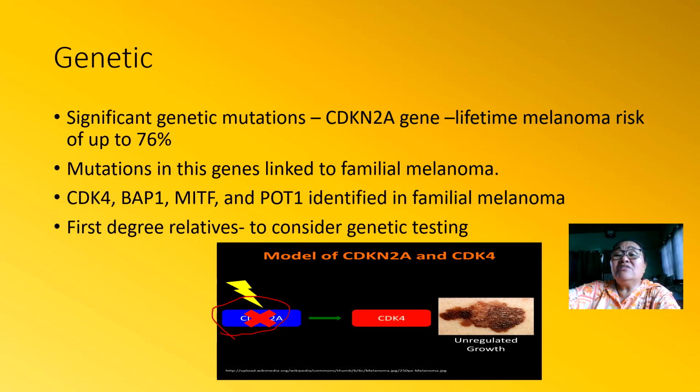So, while genetics cannot be changed, knowing your family history, considering genetic testing when appropriate, practicing sun protection, and undergoing regular skin examinations can significantly improve early detection and reduce the risk of advanced melanoma.